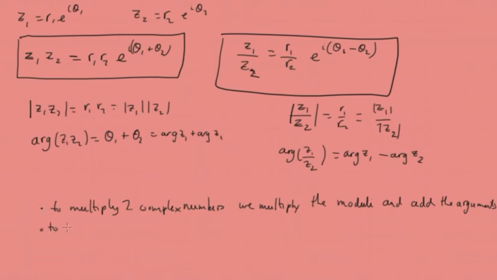And to divide two complex numbers, we divide the moduli and subtract the arguments.